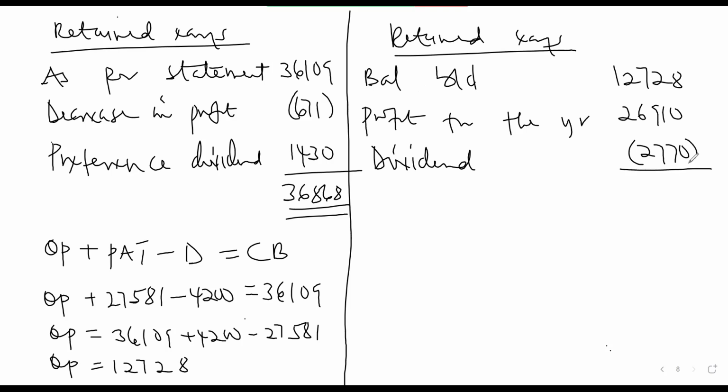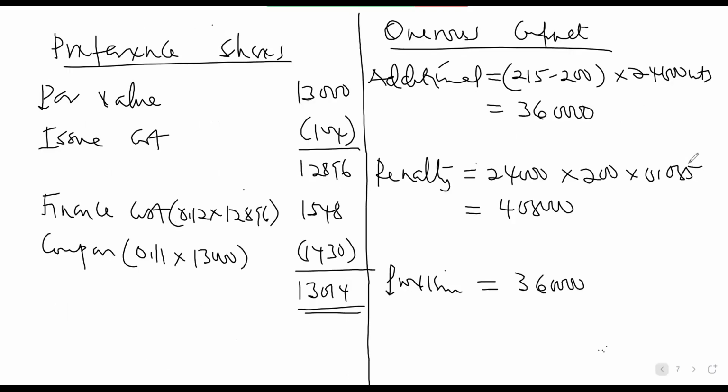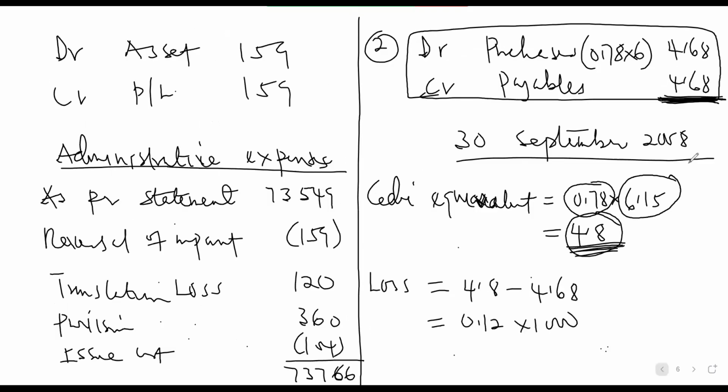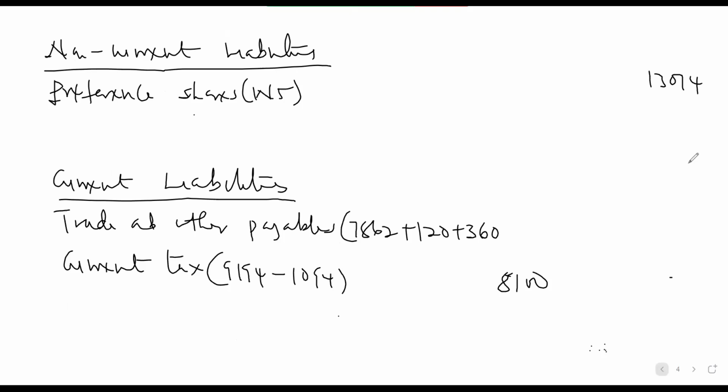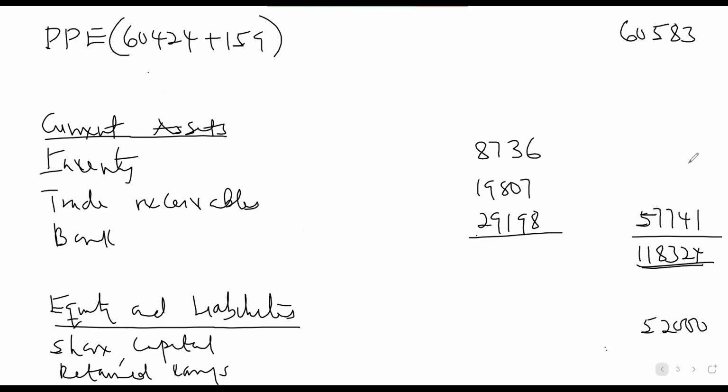What are you having? You should be having 36,868. Okay, so you have so many alternatives of determining that. Any of them that works for you is fine. So retained earnings will now be 36,868.